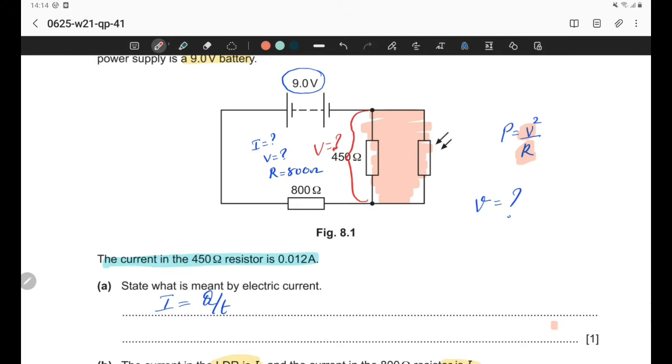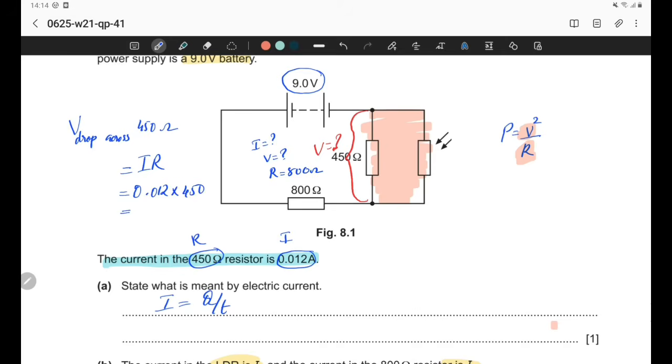So we have the I value and we have the R. So the voltage drop across the 450 ohm resistor must be equal to V equals IR. Here I is 0.012 times the resistor, which is 450.